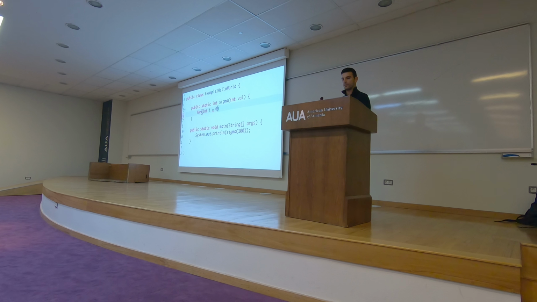Yeah, i is equal to 0. i is less than 100. i plus plus. Okay. How about like this? This looks okay to you? What doesn't look right to you? What doesn't look right here?